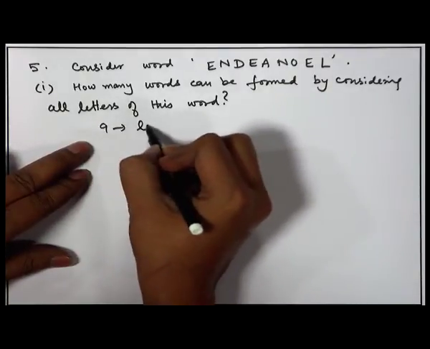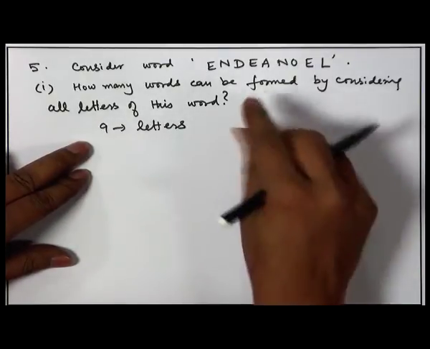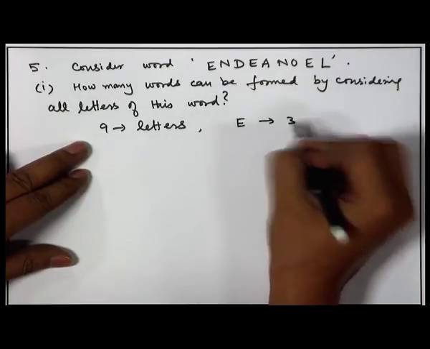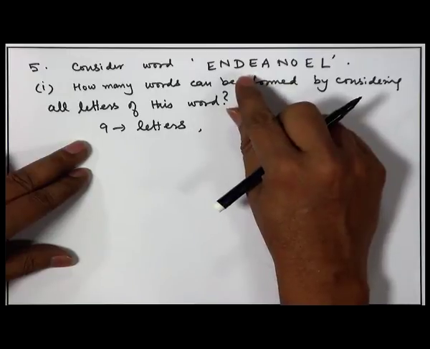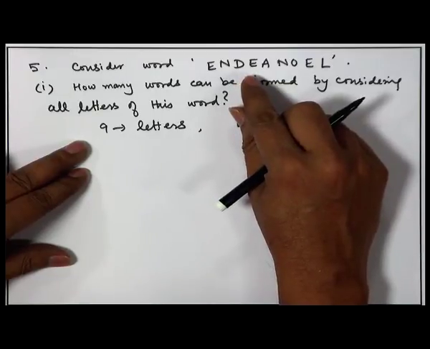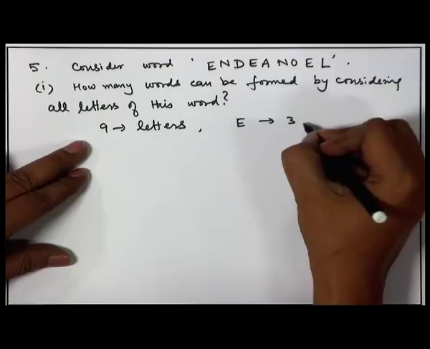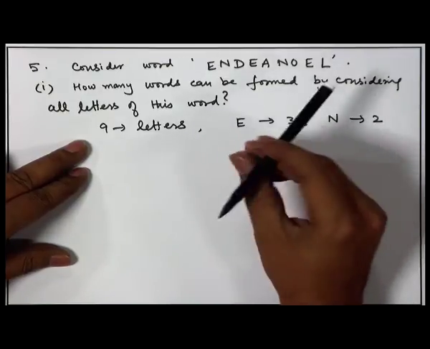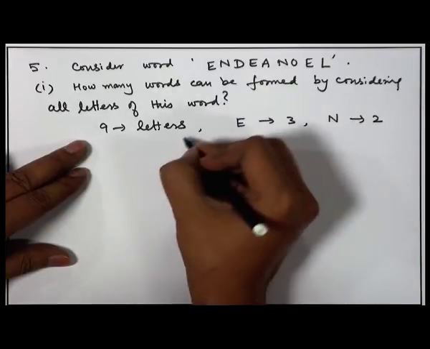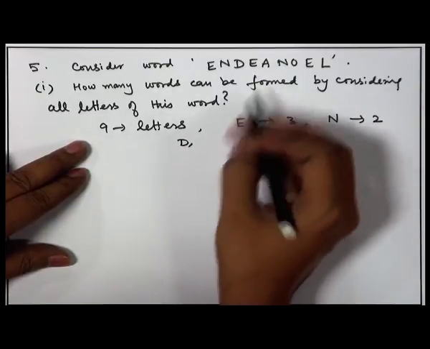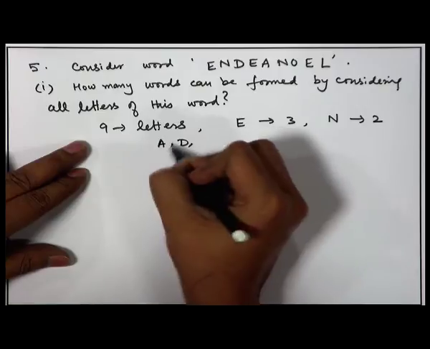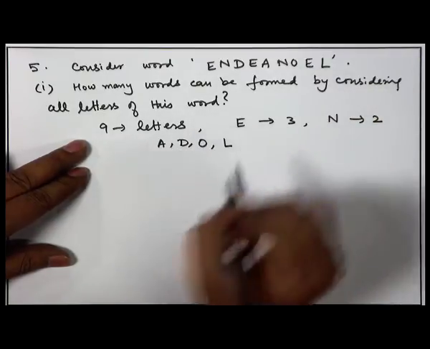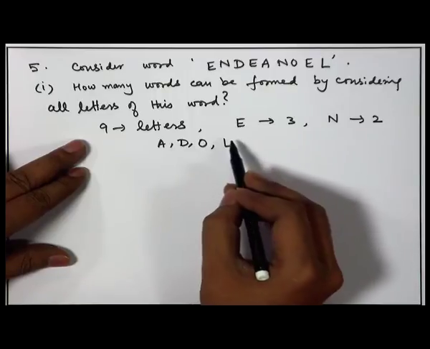So, you have 9 letters, out of which E is repeated 3 times, N is repeated twice, and then you have 1 D, 1 A, and you have O and L. These are appearing once.